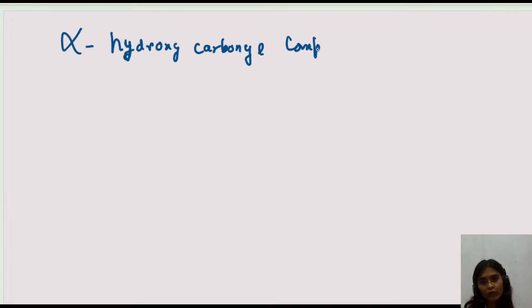Okay, then so sorted. The next thing we are going to start is, if you are having an alpha hydroxy carbonyl compound, then how to use HIO4 there?